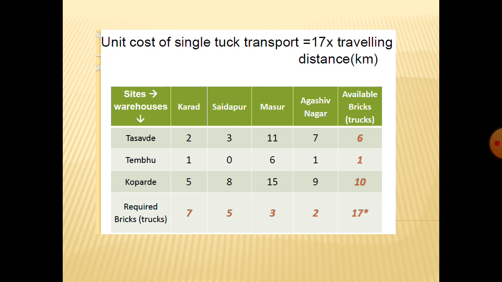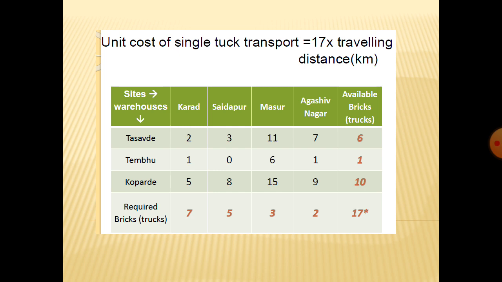Requirements are 7, 5, 3, 2. Now first step, what we have to do, we have to check whether it is a balanced or unbalanced problem. How to check? Availability should be equal to requirement. Add all availabilities: 6, 1, 10. After adding, you will get 17. Requirement is 7, 5, 3, 2.